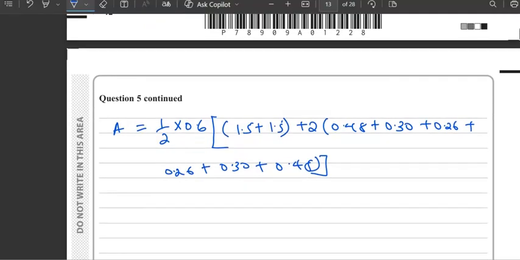So simplifying this further, this equals half times 0.6, which gives you 0.3, then open the bracket.